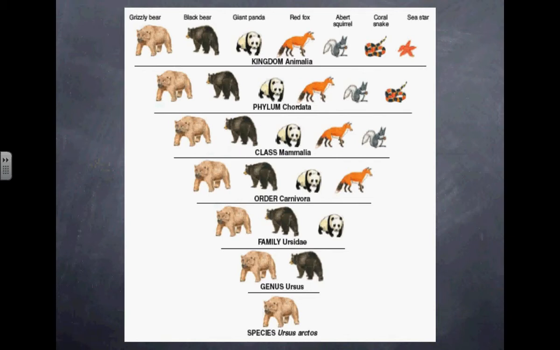Now we're just left with the three bears. Then we get down to genus. Now we're getting even more specific. Genus is a specific type of bear. The panda is not in this group, but the grizzly and the black bear are. And then finally, once we get down to species, we're left with just one single organism in that group, and that is the grizzly bear. Ursus arctos is its scientific name.